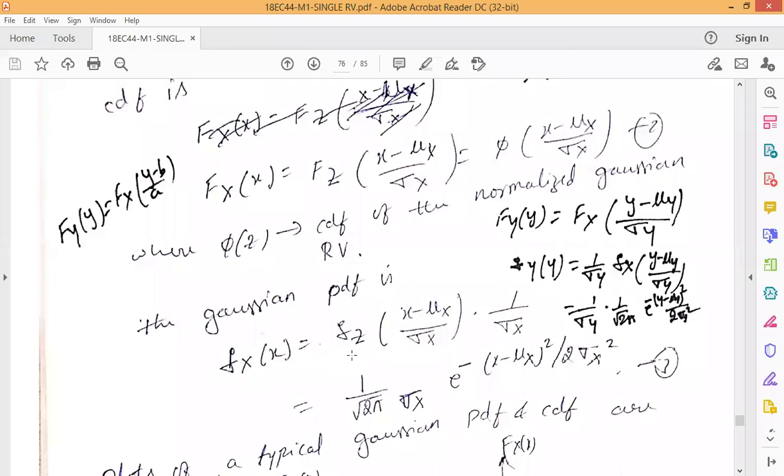As we know, for the Gaussian random variable z, if you consider the PDF as f_Z of z, we write the PDF as 1 by root 2 pi e to the power minus z square by 2.